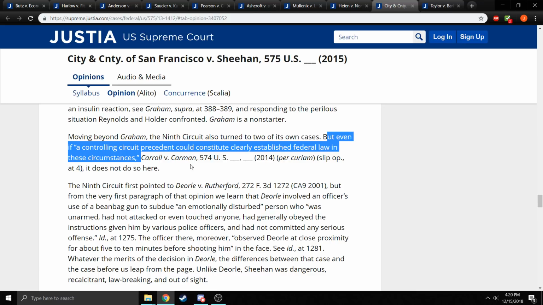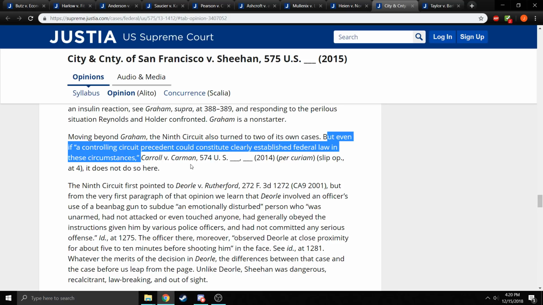I'm not saying you can't. I'm saying that the court put that in there. It said, but even if, and the court says that for a reason. And I don't know exactly the reason why it said that, but that's a little scary.